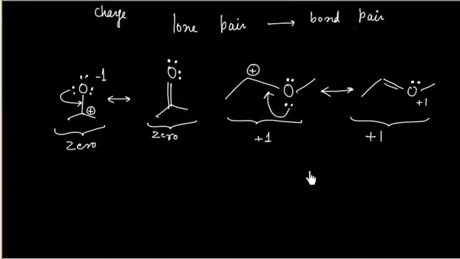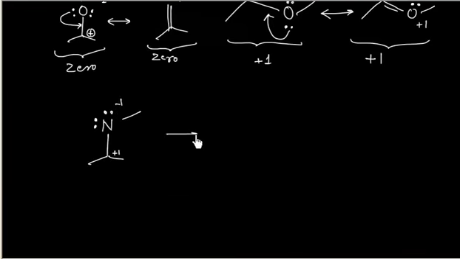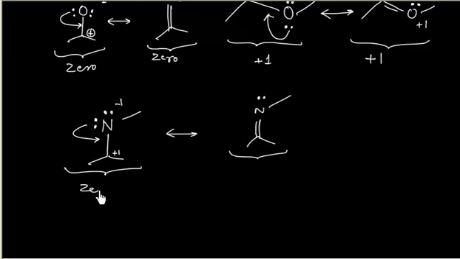This molecule, so we have nitrogen, +1 -1, net charge is 0. We have to convert a lone pair into bond pair. So we will have nitrogen. Now in this case net charge is 0. Initially we also have 0 charge.